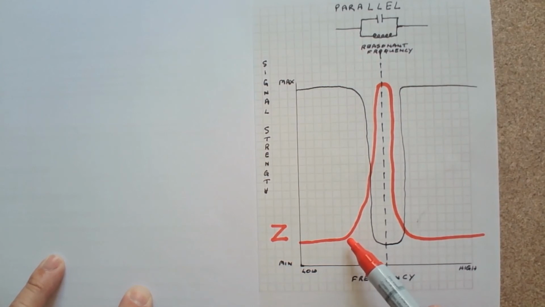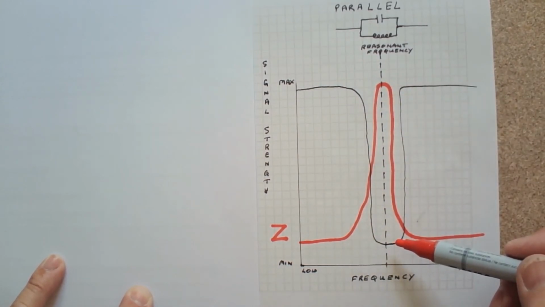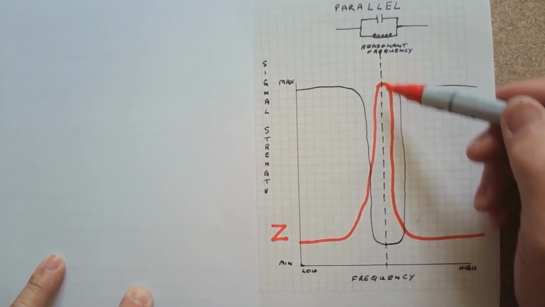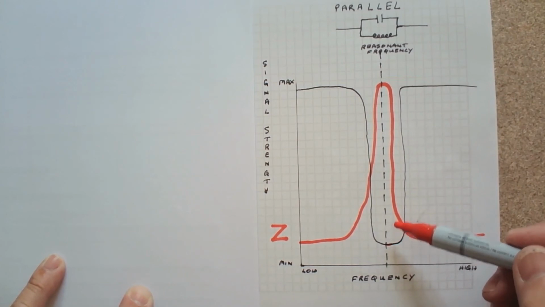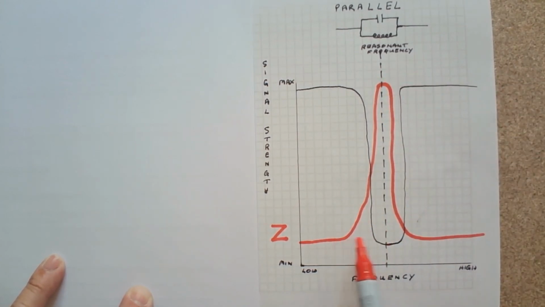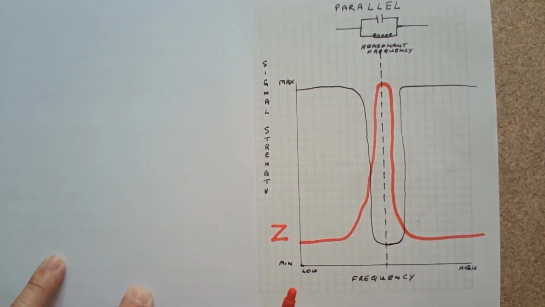So the impedance is inverse to the signal strength coming through. You get high impedance, which actually blocks the signal or reduces it greatly at resonance, and at frequencies above and below resonance the impedance is lower and therefore more signal can pass through.